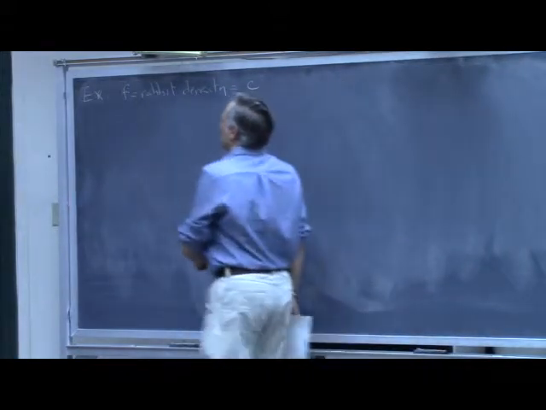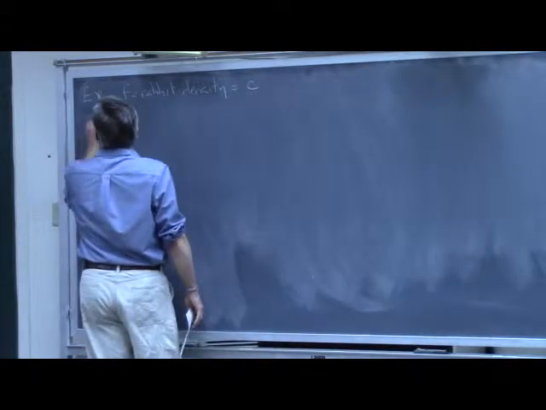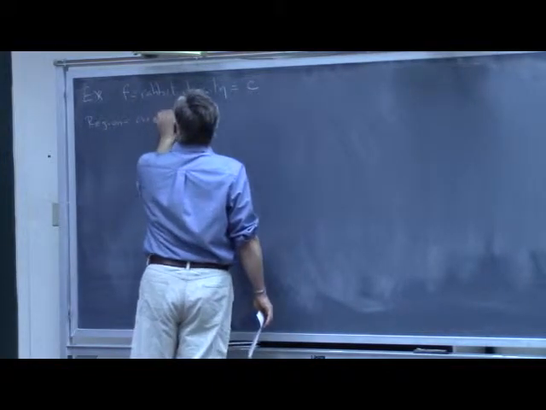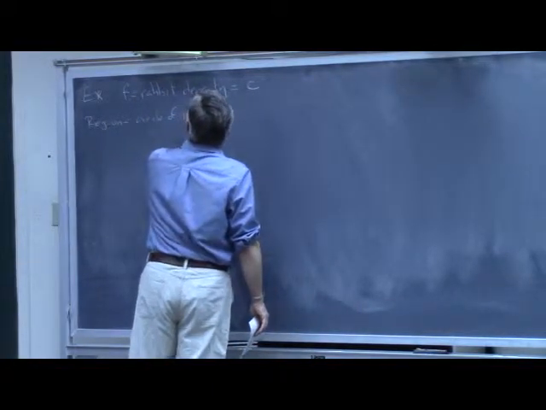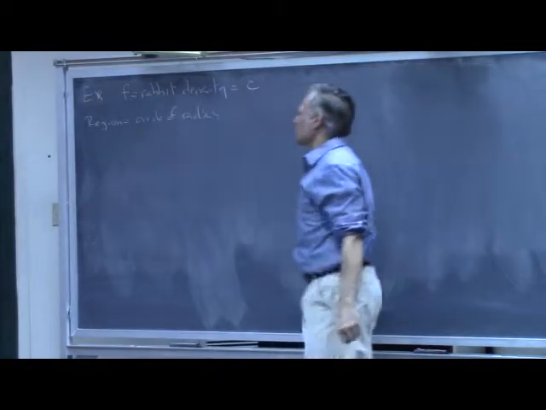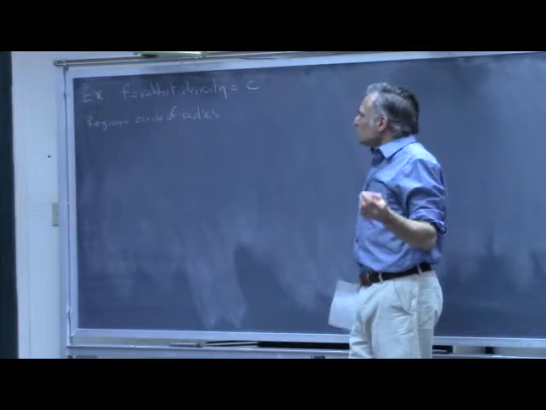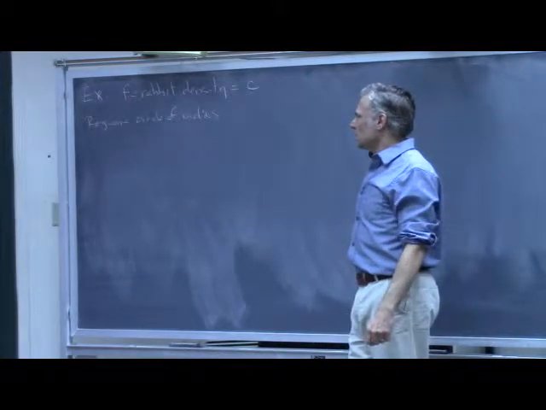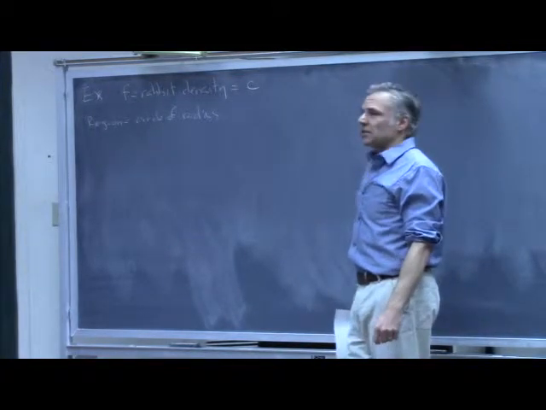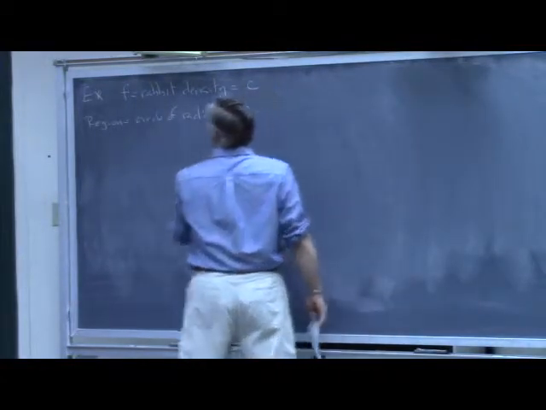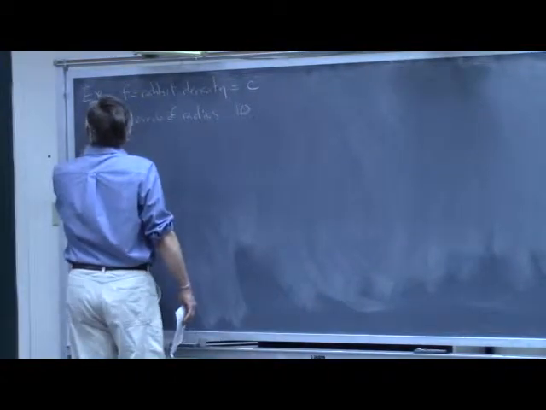Density C. So the region, let's have it be a circle of radius 10. That's probably a number. All right, so usual question, how many rabbits?